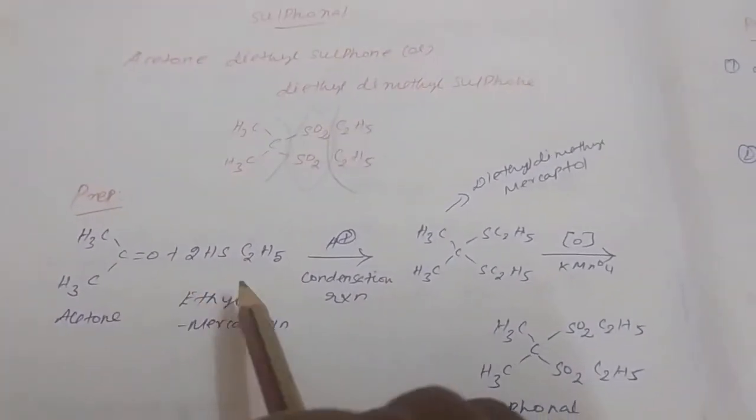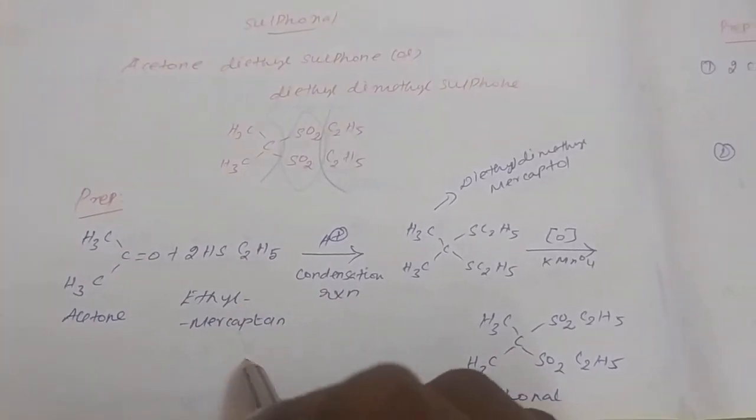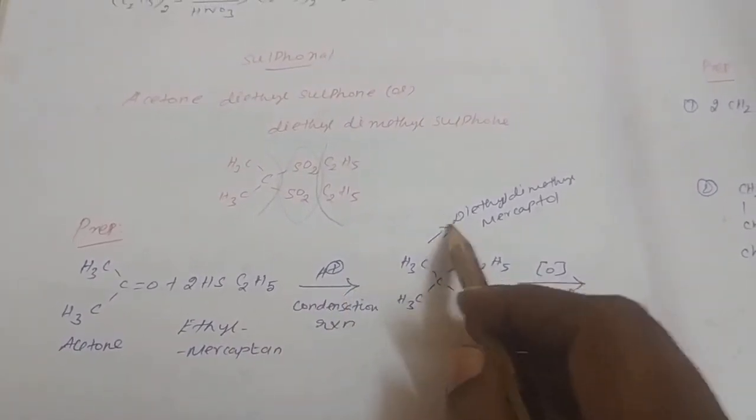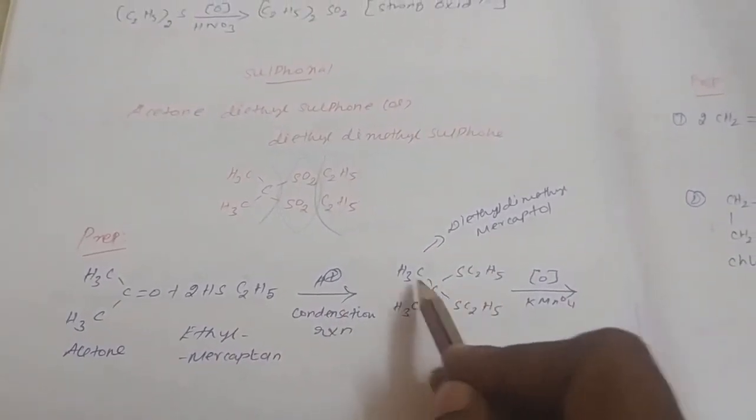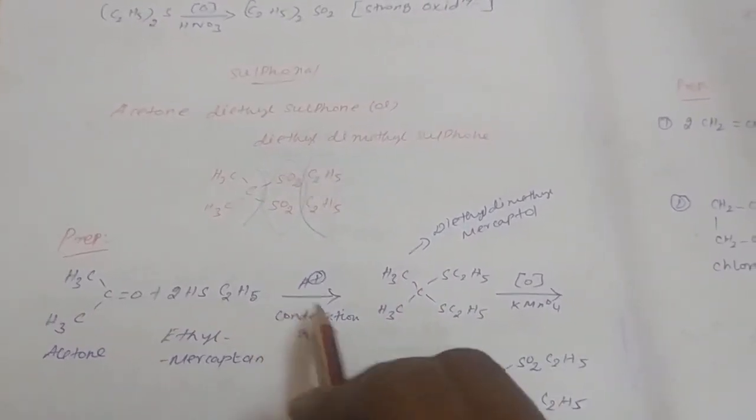So next, preparation from acetone and ethyl mercaptan. Acetone reacts with ethyl mercaptan in the presence of acid to form diethyl dimethyl mercaptan. Here it is a condensation reaction because 1 mole of water is removed.